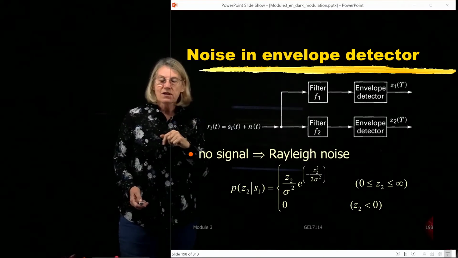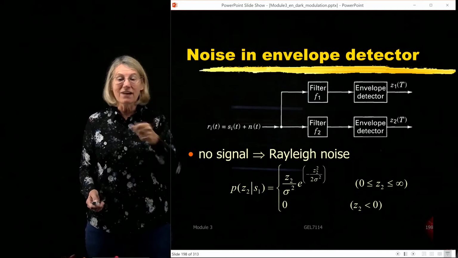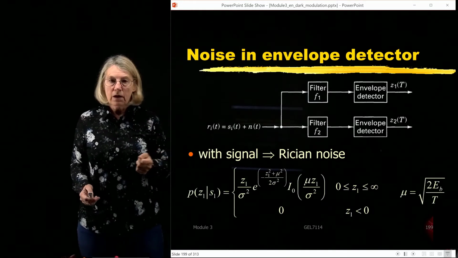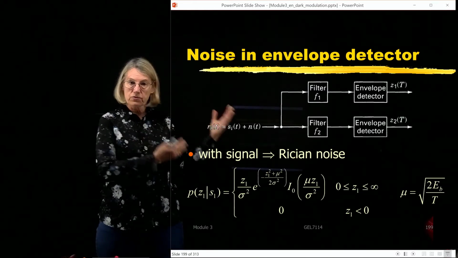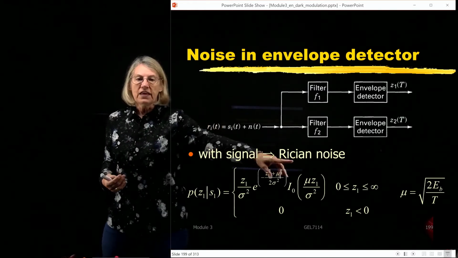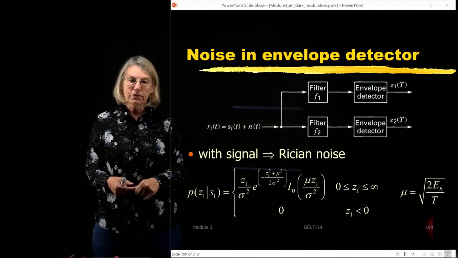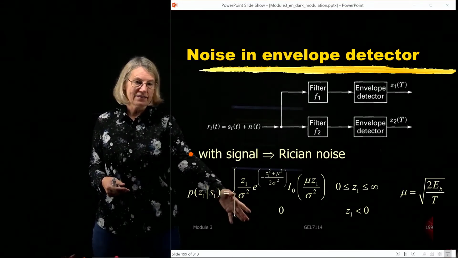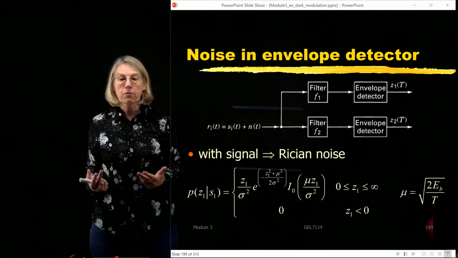So what happens when I'm actually looking at the branch where the signal is present? Then I have signal plus noise. Well, when I have Gaussian noise plus signal going through an envelope detector, the output has a Ricean distribution. So the Ricean distribution is given by the density I showed here. And there's an extra parameter that appears.